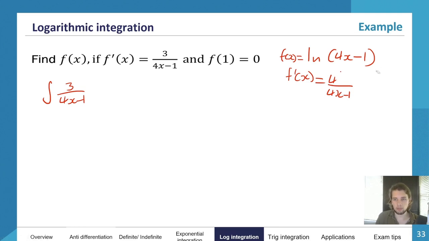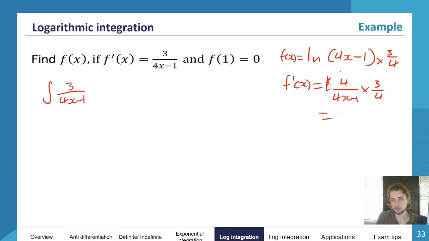So I'm going to assume that there was actually a coefficient of 3 over 4 there, so that the 3 ends up on top. If I were to differentiate this, you would see why this makes sense. It equals 4 over 4x minus 1 multiplied by 3 over 4, which is equal to 3 over 4x minus 1.